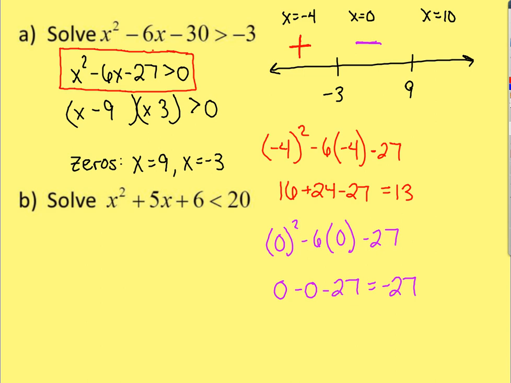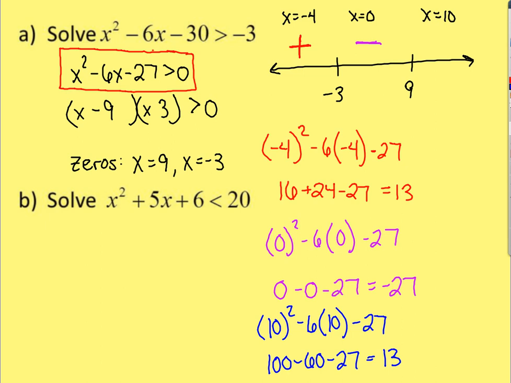Now we're going to plug in 10. After we plug in the value of x is equal to 10, we will get a y value of a positive 13. So that means everything from 9 and up will be a positive value.